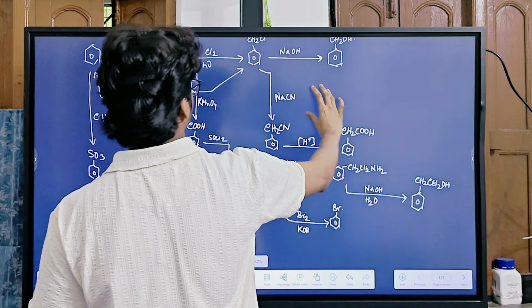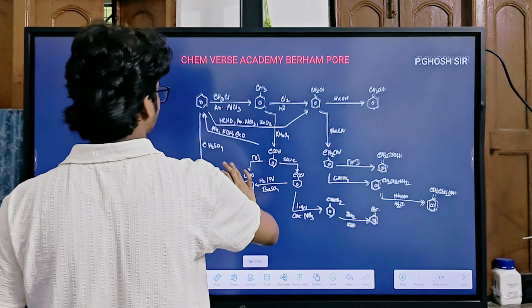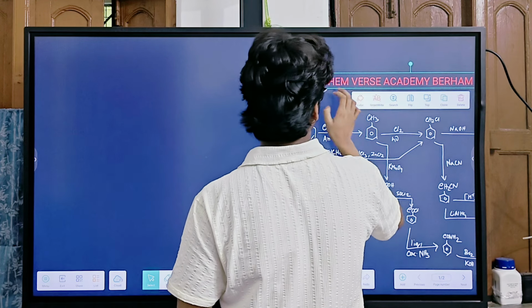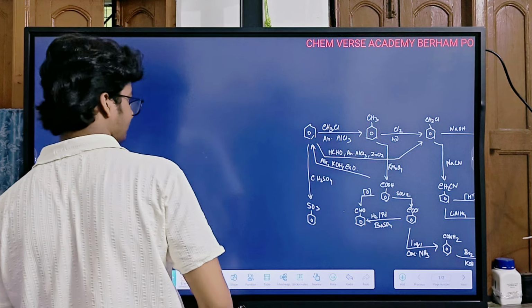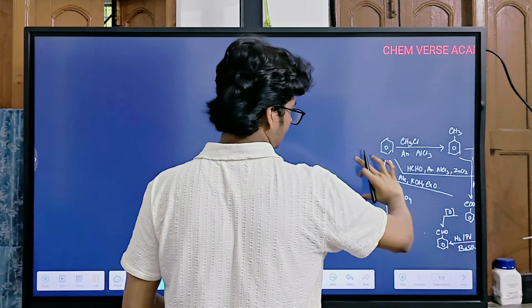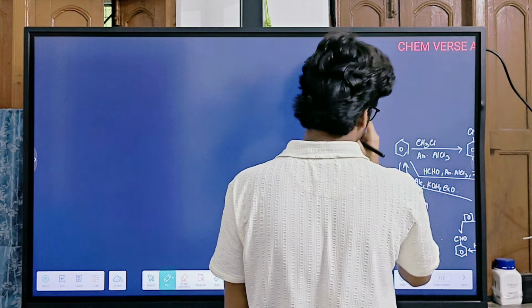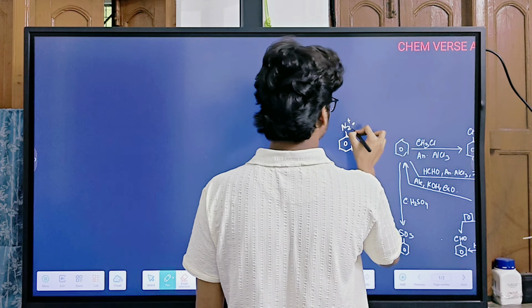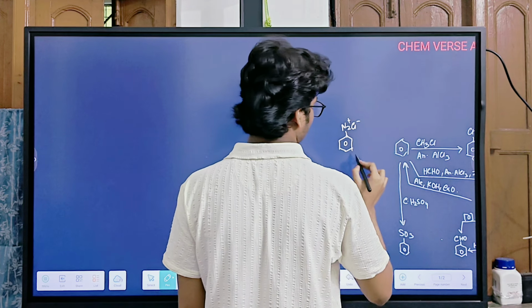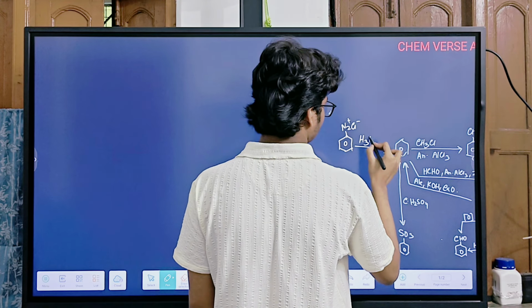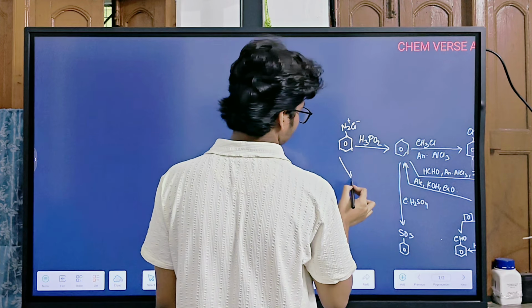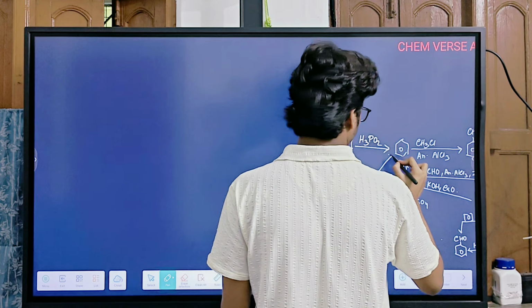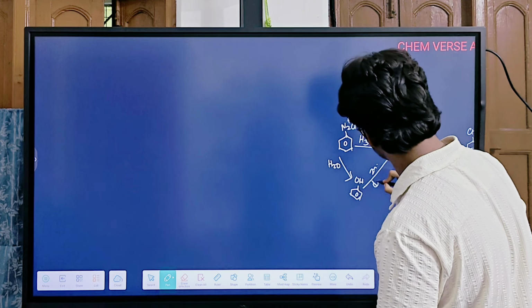So next one should go like this. This is the diazonium chloride salt of benzene, which gives phenol, which gives benzene on zinc dust reduction.